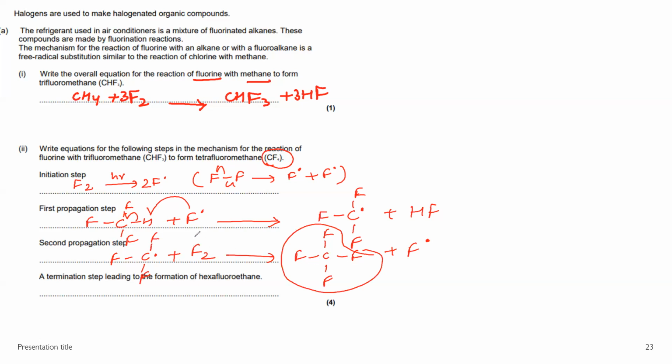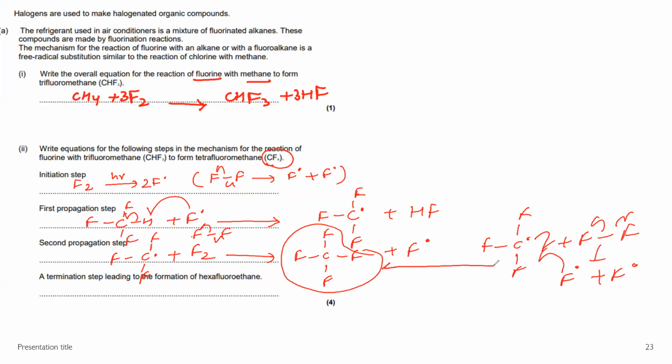Just remember what will happen here. You have a fluorine. It will undergo dissociation again, and two radicals will be formed. We have this radical plus F-F like this. From here we get F radical plus F radical. So one F radical will combine with another trifluoromethyl radical to form tetrafluoromethane. I hope this is clear.